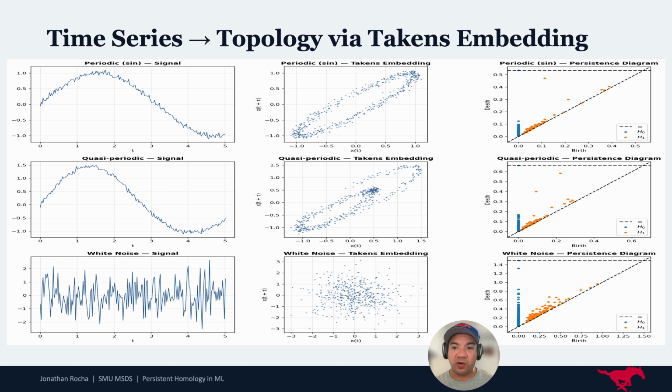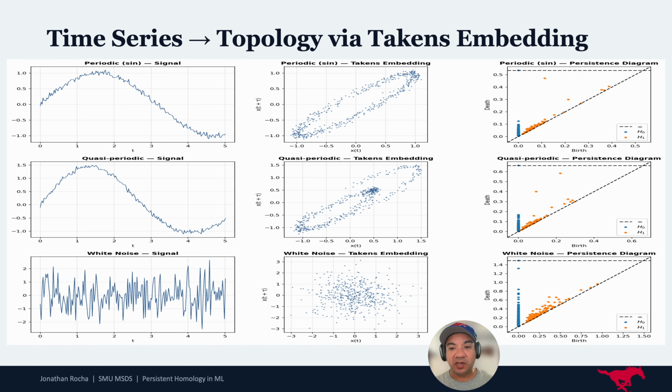Look at the three rows here. A periodic signal, a clean sine wave, produces a point cloud that looks like a circle. The persistence diagram shows a single strong H1 feature far from the diagonal. That's the loop. A quasi-periodic signal produces a more complex attractor. And white noise?